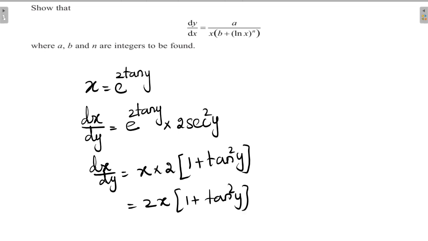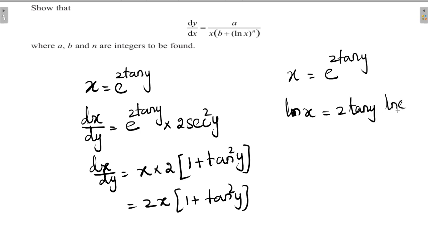We have to remove this y. That's why, what is given? X equal to e power 2 tan y. Now we have to take logarithm on both sides to remove the power from the right hand side. So ln x is equal to, this power is going to be multiplied here, so 2 tan y into ln e.